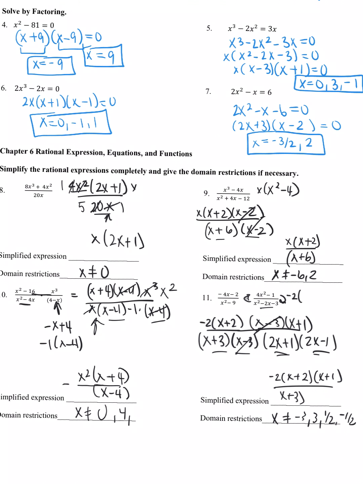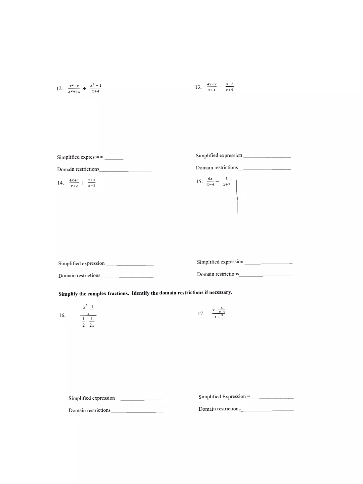I just realized I messed this up when I factored out a negative 2 here. That leaves me with the 2x plus 1. My bad. So there we go. That cleans it up a little bit more. Those are gone. So what I have on the top is that, and what I have on the bottom is an x plus 3 and a 2x minus 1. There's my answer.